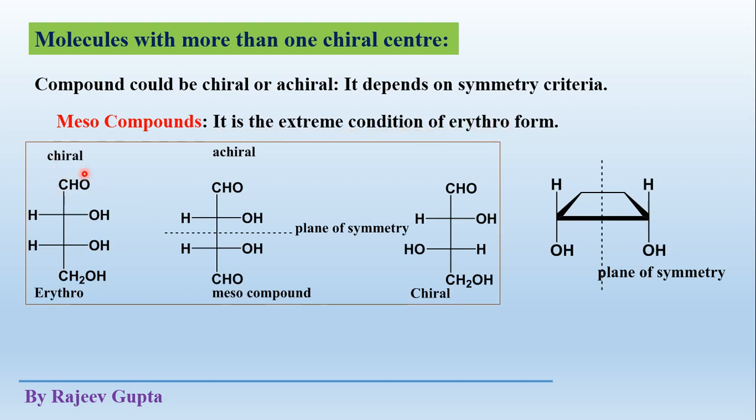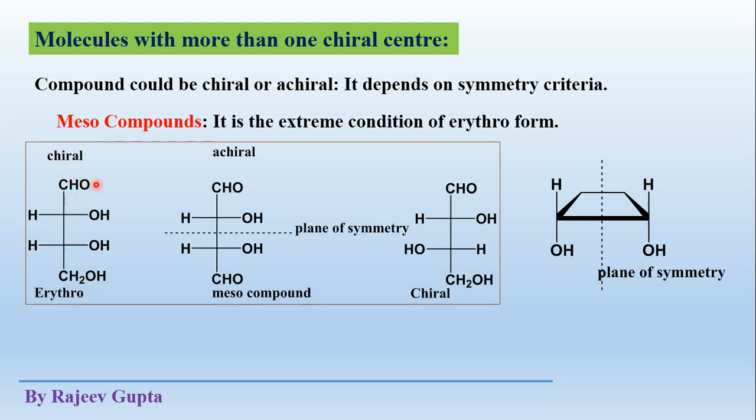Extreme condition means these terminal groups present on the vertical line in the Fischer projection will be the same in a meso compound. See, in an erythro compound these both groups are different, so no plane of symmetry is present in this molecule, so it is chiral.